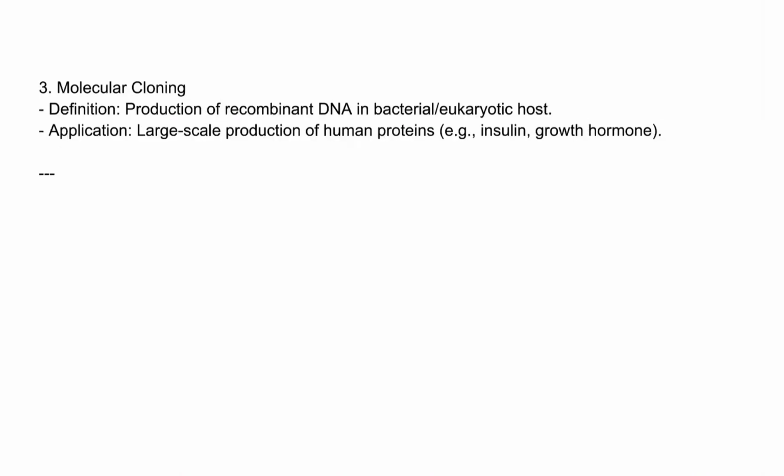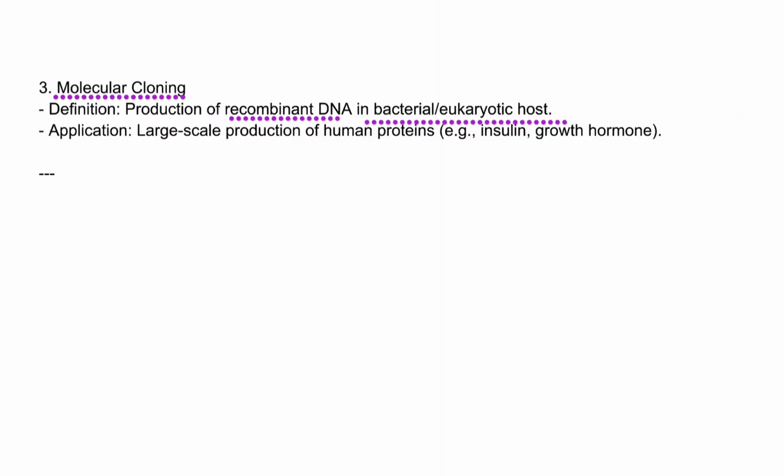We'll discuss molecular cloning. The definition of molecular cloning is the production of recombinant DNA in a bacterial or eukaryotic host. It is a process of producing recombinant DNA that takes place in bacterial or other eukaryotic hosts.